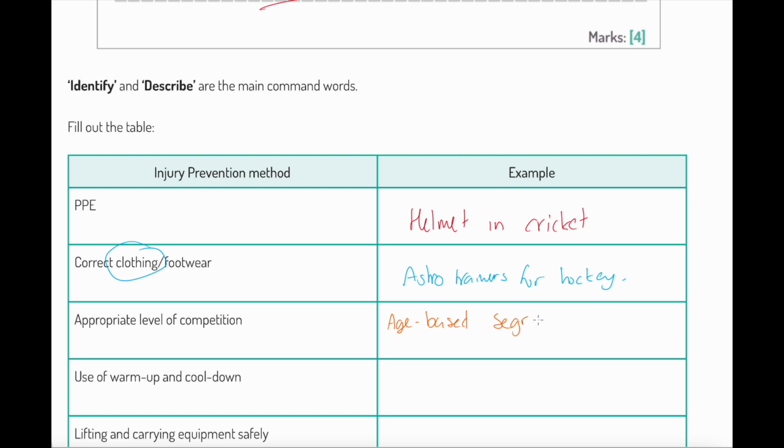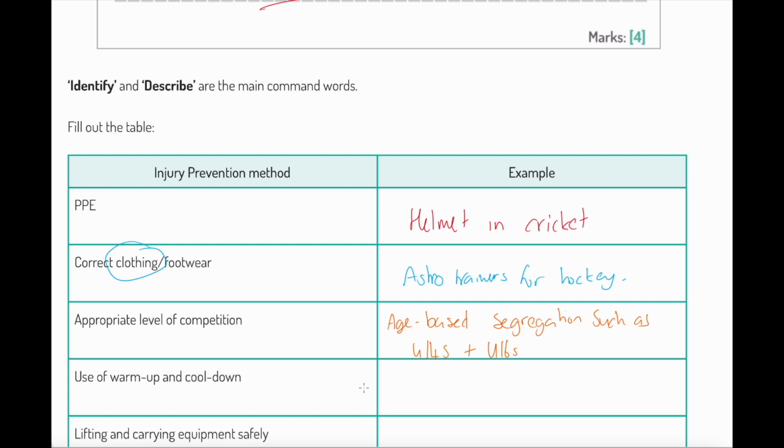That feels very serious, and I suppose rightly so. Age-based segregation, such as under 14s and under 60s. Now again, I could say why. I could say so it prevents, on average, larger performers perhaps tackling on average smaller performers, or the forces involved, that kind of thing.